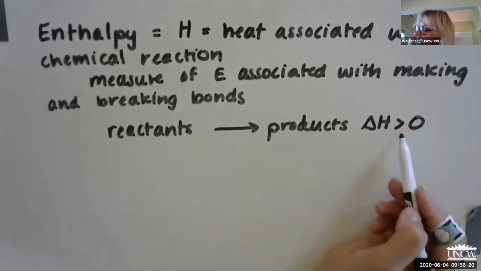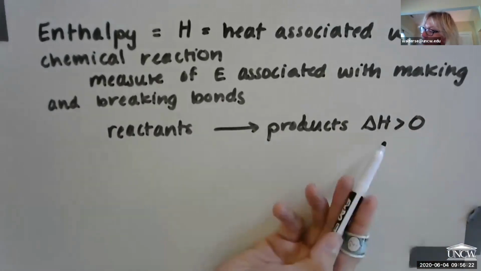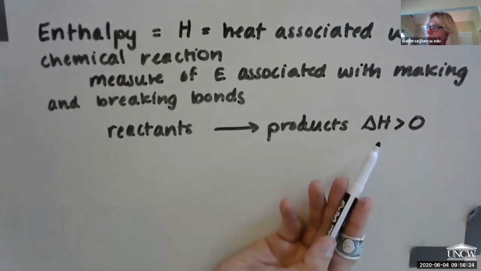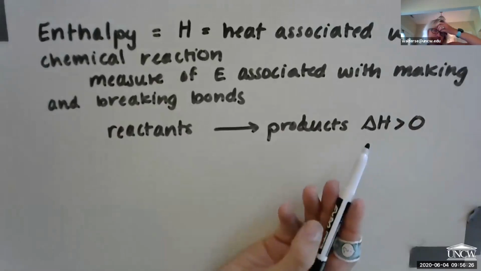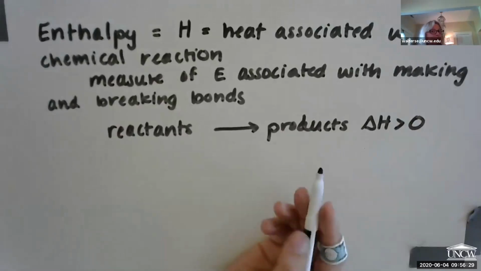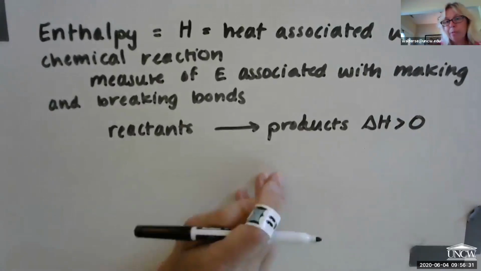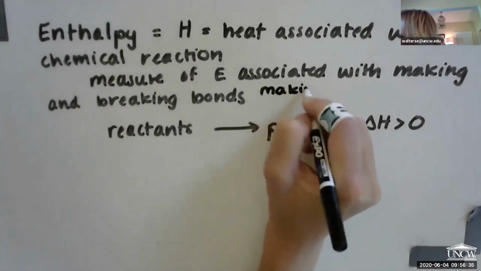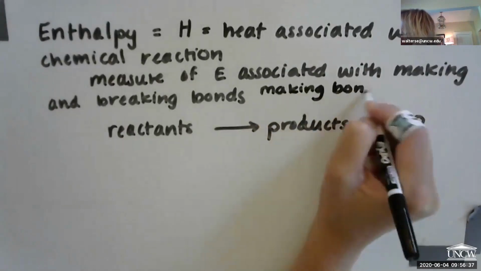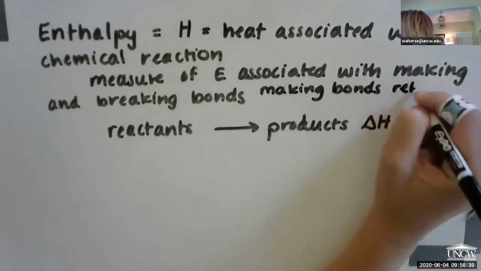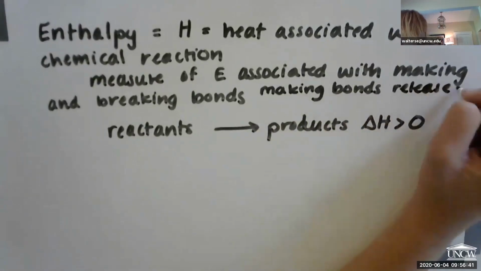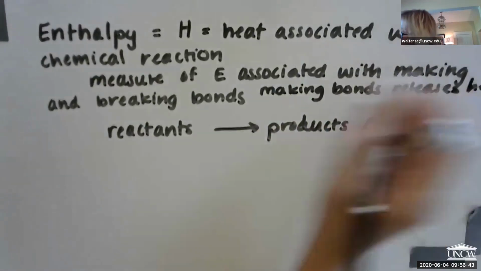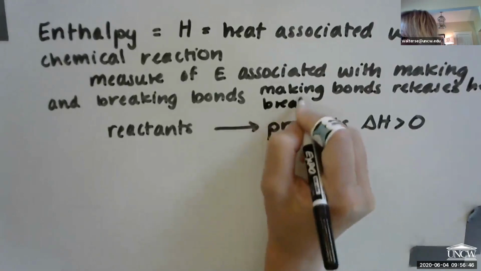What this means is it takes more energy to break the bonds than energy you receive when you make a bond. Okay, so remember, making bonds releases heat. Breaking bonds requires heat.